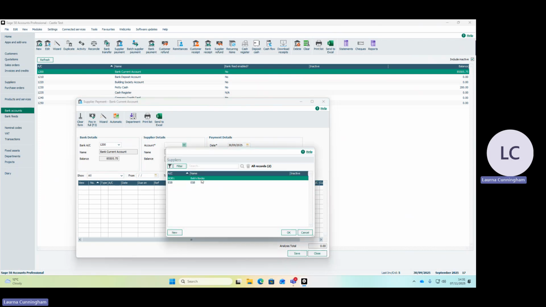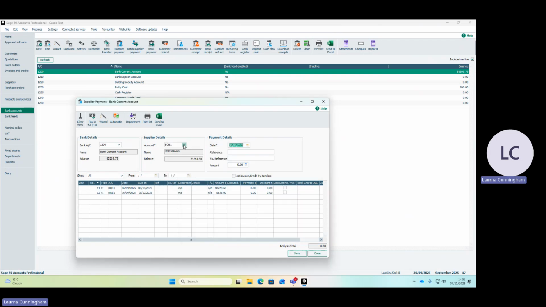And the last thing, we'll throw Bob a few more pound on the 20th of September. We'll pay Bob €14,500 and save.